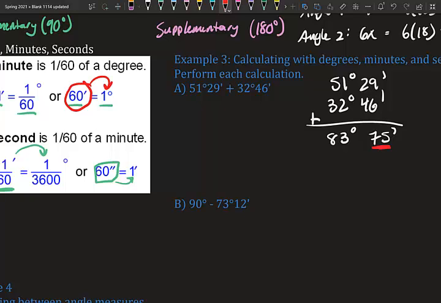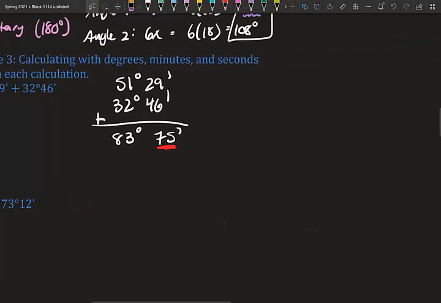We have to transform it. So what we'll do is you take your degrees as is. So we have 83 degrees. Now for our 75, that's 1 degree and 15 minutes, because 1 degree is 60 minutes, and then we also have that extra 15.